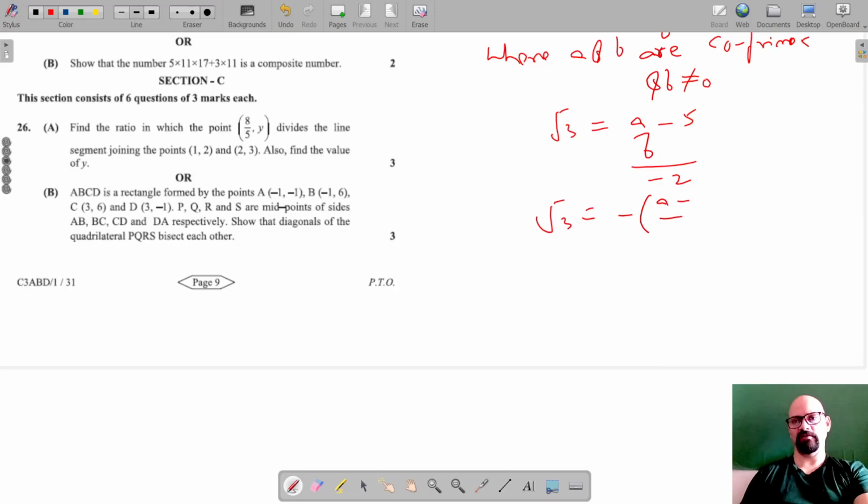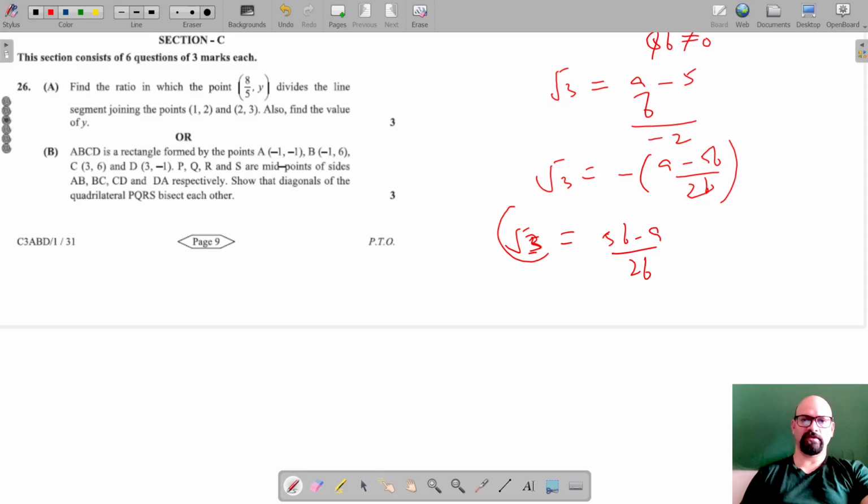Let's take the LCM of B here. So root 3 can be written as 5B minus A upon 2B. So root 3 is equal to 5B minus A upon 2B.